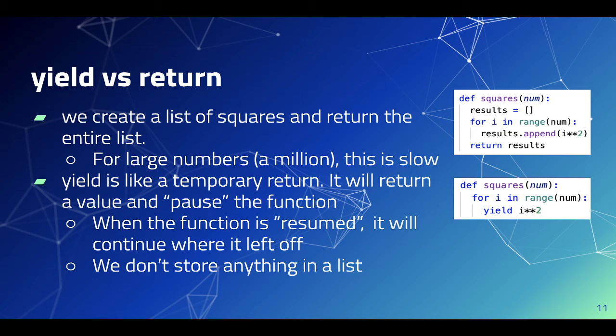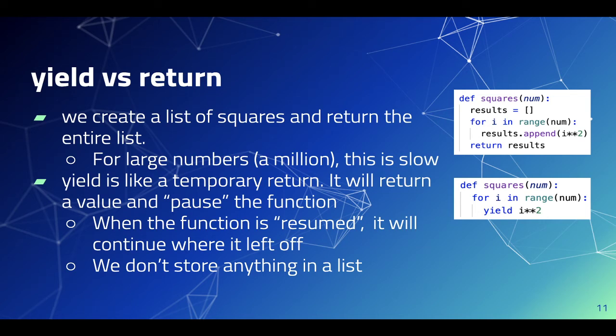Then we do for i in range of num. Notice the range generator. So this is still a little efficient, but not quite, because we're appending i squared to a list and we're returning the list. So only when the for loop is done does the list get returned. And that could be intensive, right?